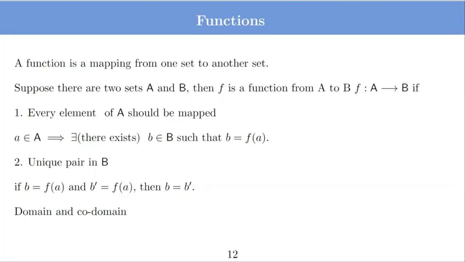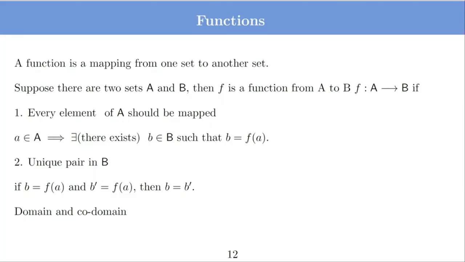Now suppose there are two sets A and B. Formally, we can define a function in the following way. f is a function from A to B, which we denote as f: A → B, if every element of A is mapped.